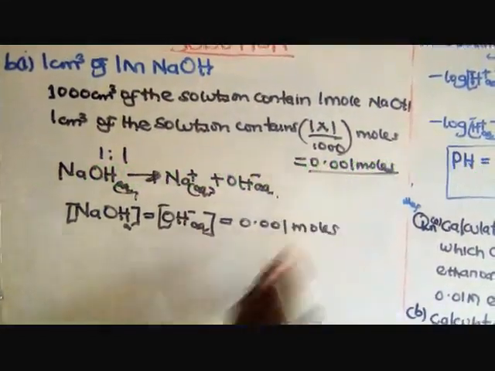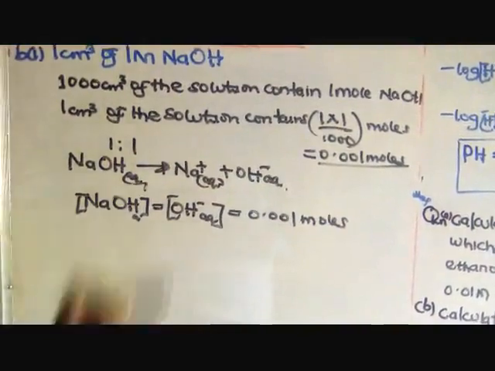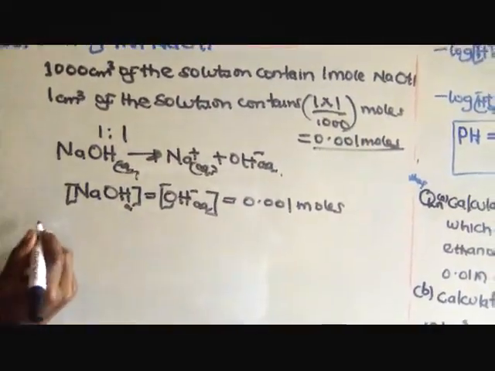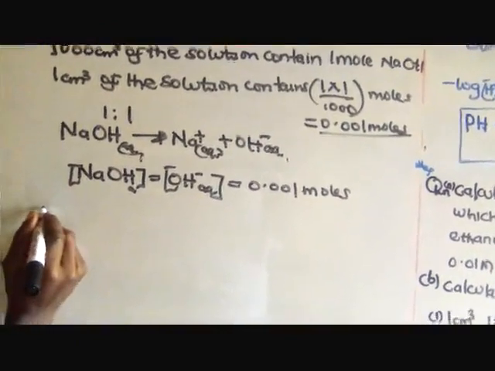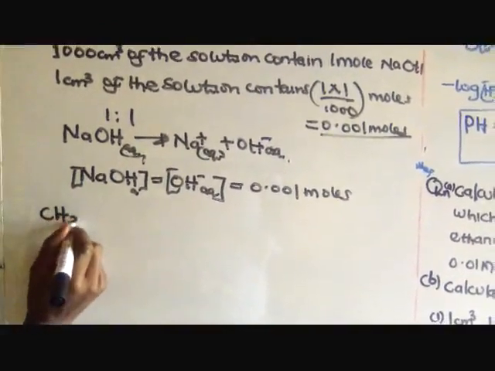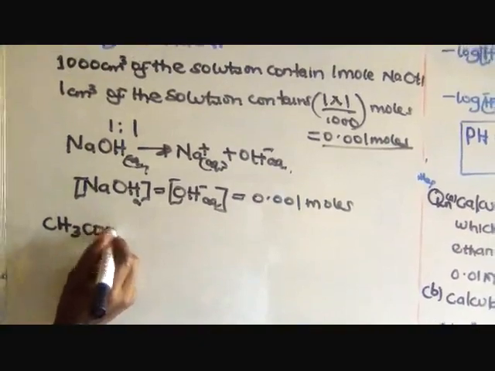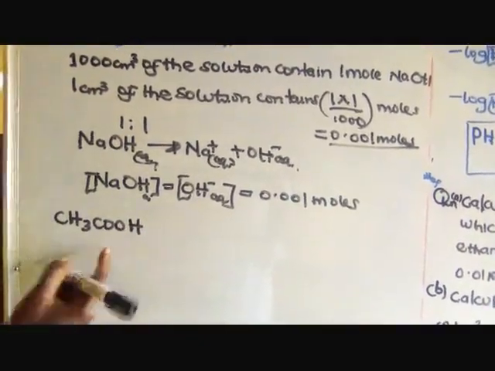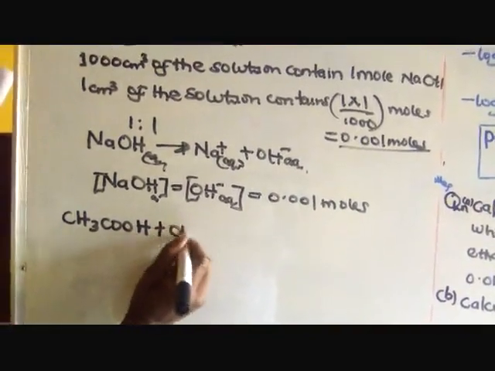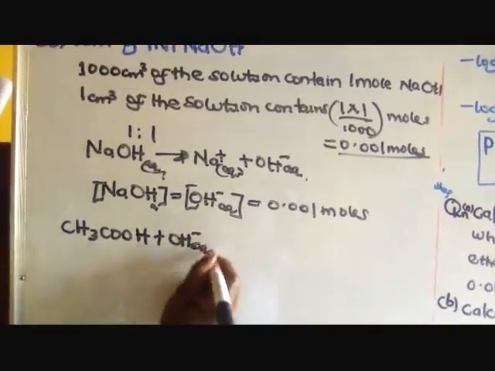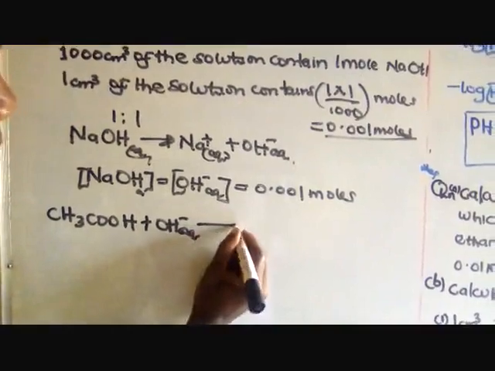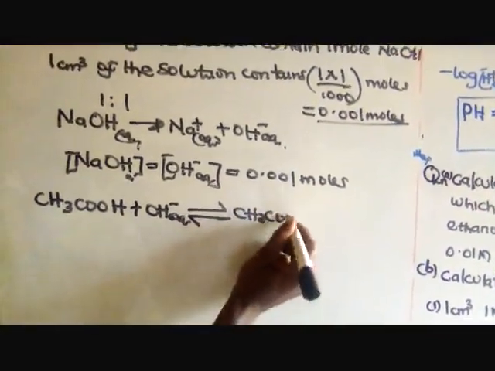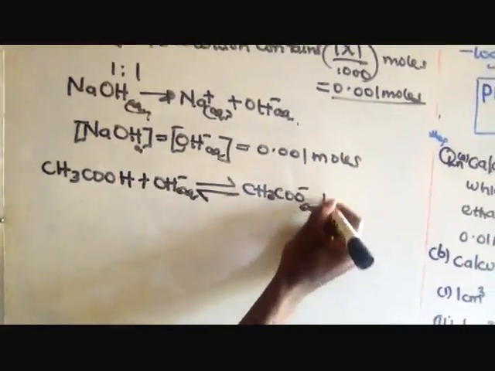Now, from there, we are going to see that when you add hydroxyl ions to the same solution, the concentration of the acid is going to reduce. How does the concentration of the acid reduce? Remember we said, in the action of the buffer, the ionized acid combines with the added hydroxyl ions to form more of the ethanoate ions plus water.